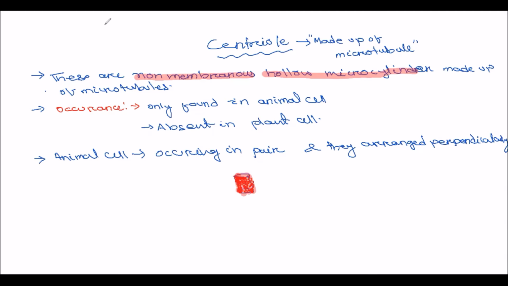There are two centrioles arranged in a pair. This is, suppose, another centriole. Okay, and both these centrioles are arranged perpendicularly.